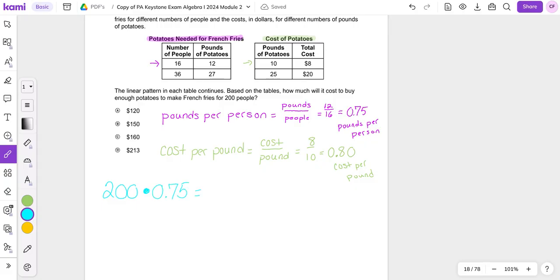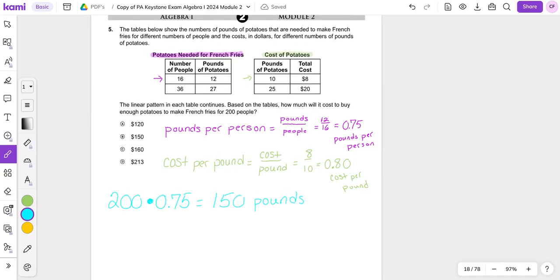When I multiply the 200 by the 0.75, I get that we need a total of 150 pounds of potatoes, because they said in the problem that the table is going to be the linear pattern continuing.